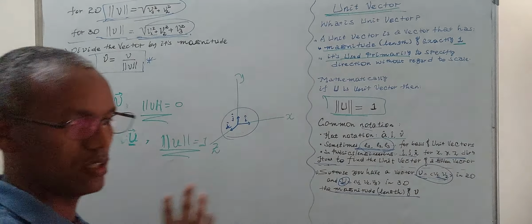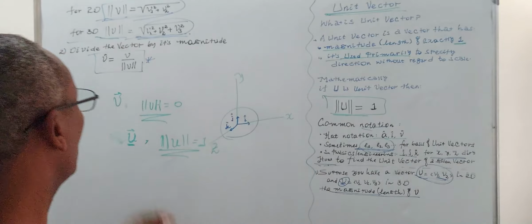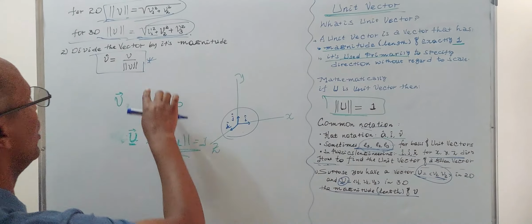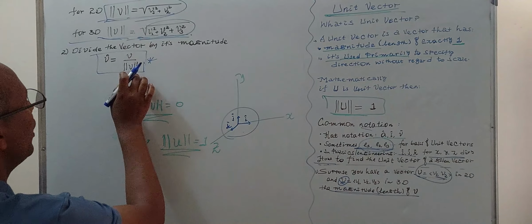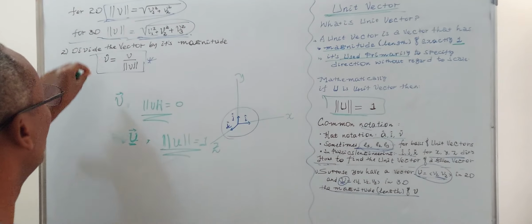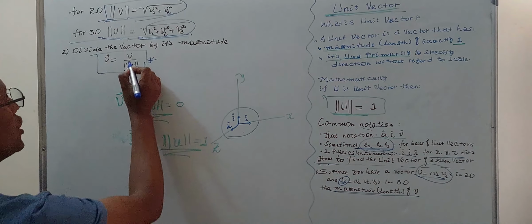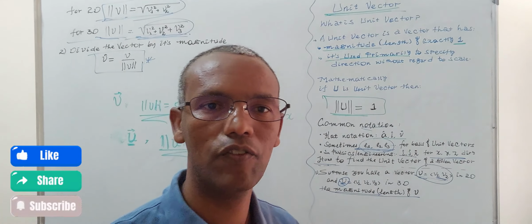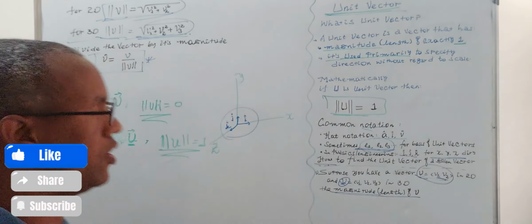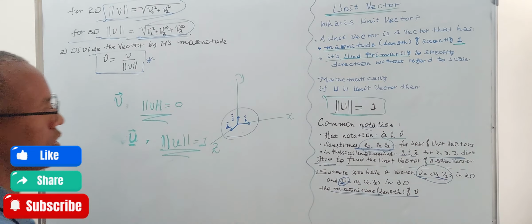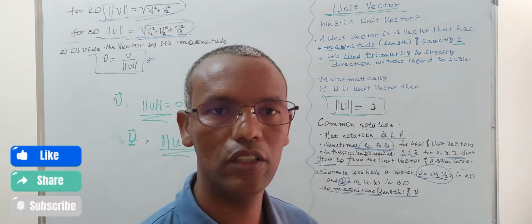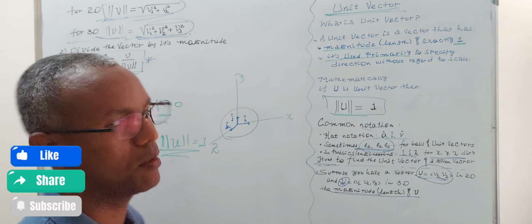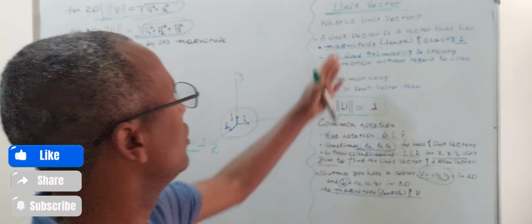You may find it in the exam or in exercises. The unit vector of a given vector v is equal to the given vector divided by the magnitude of the vector v. That is how to calculate the unit vector. I think that's all about the unit vector.